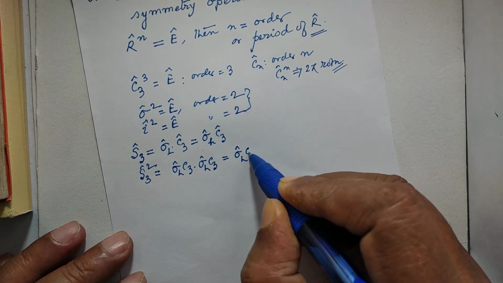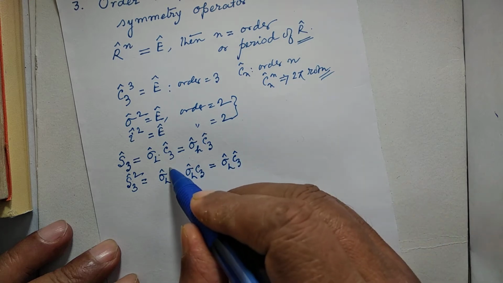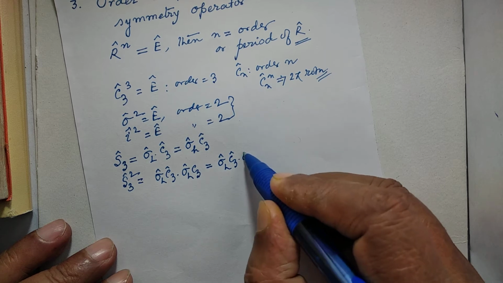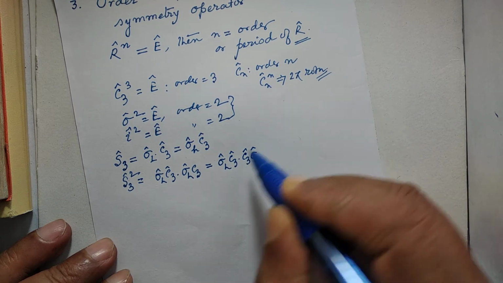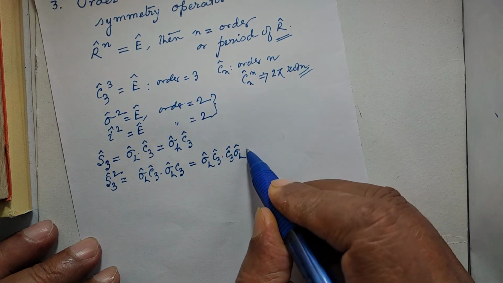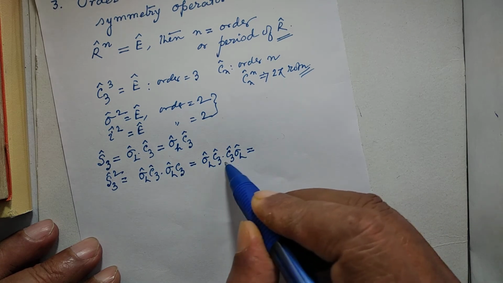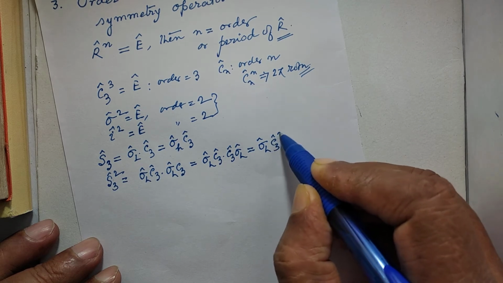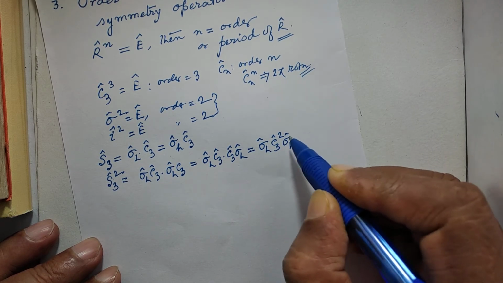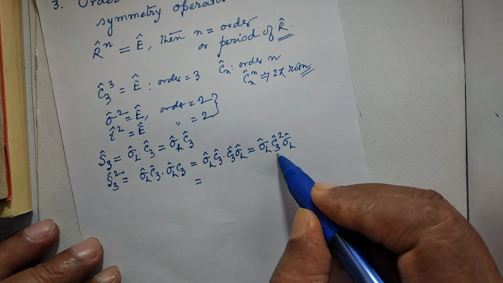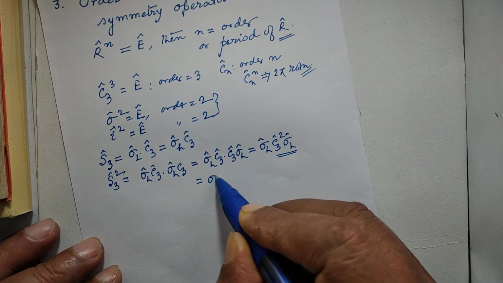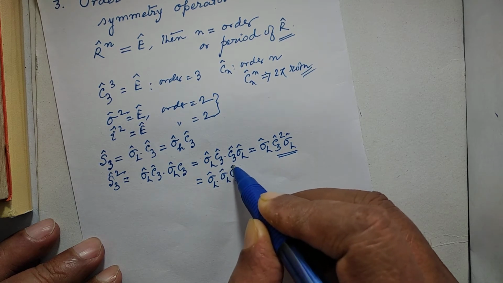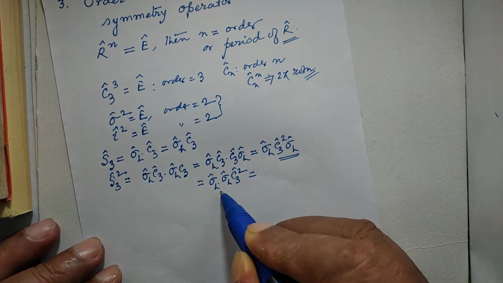Therefore, we apply commutation rule once. Keep this unchanged and apply commutation rule here. Then we have sigma H C3 square sigma H. Then again apply commutation rule here. Sigma H sigma H C3 square. And what is that?